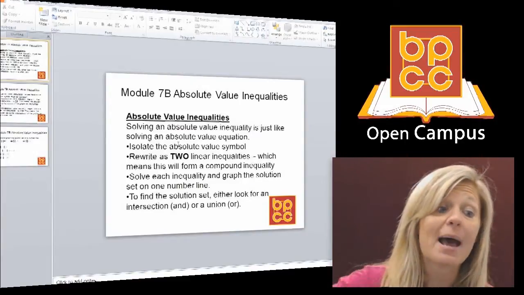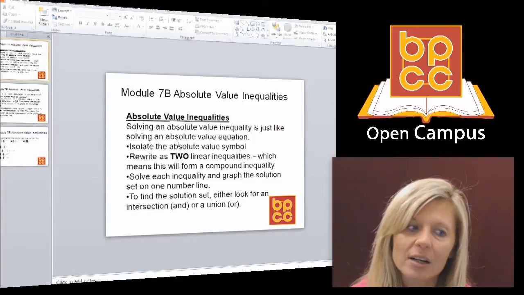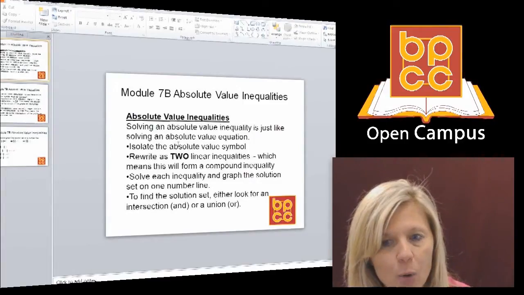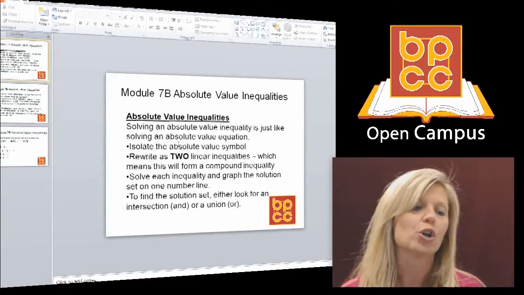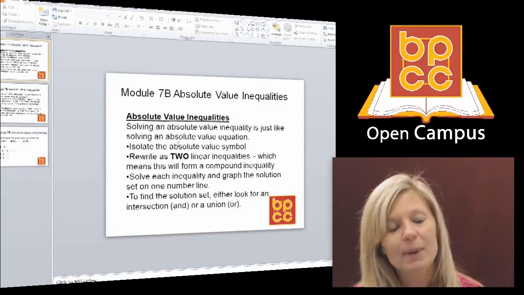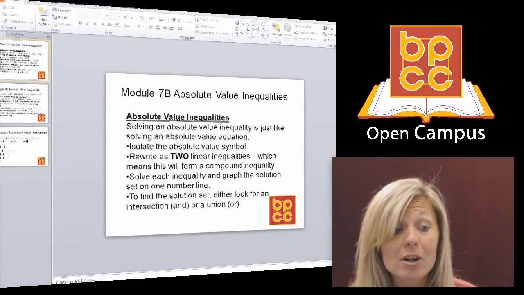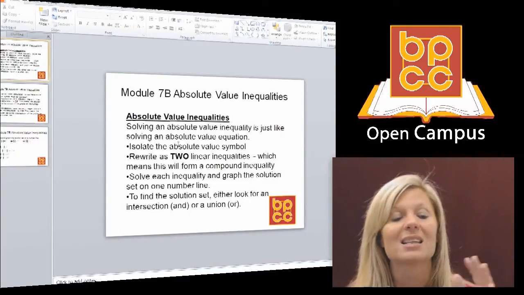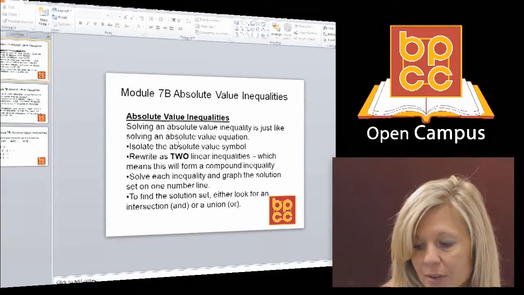And that takes us back to Module 6, which is if you have two inequalities, it's called compound, and that means it needs to be connected by a word and or, which means we got to look for either an intersection or union, which means then we either got to know how to write the answer in set builder or interval. So what we're pretty much doing is taking everything from Module 6 and Module 7 and putting it together in one example. All right.